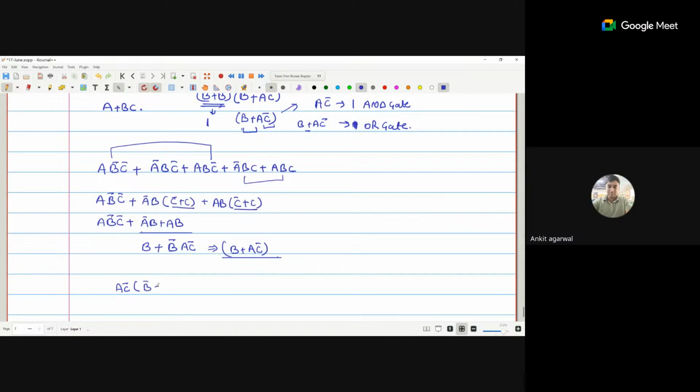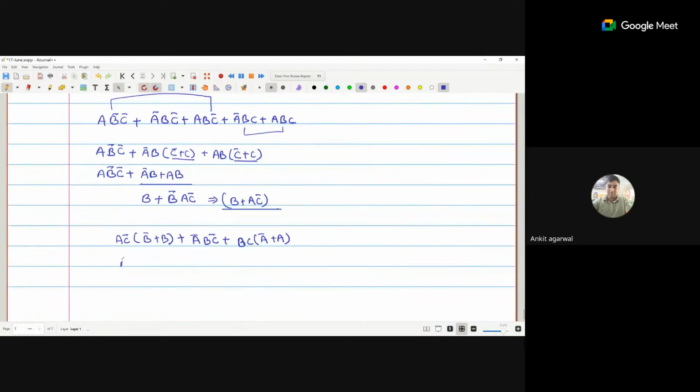Remaining is B bar plus B. Second term as it is, A bar B C bar. Third term I am taking BC as a common. So that is A bar plus A. So it becomes A C bar plus A bar B C bar plus BC.